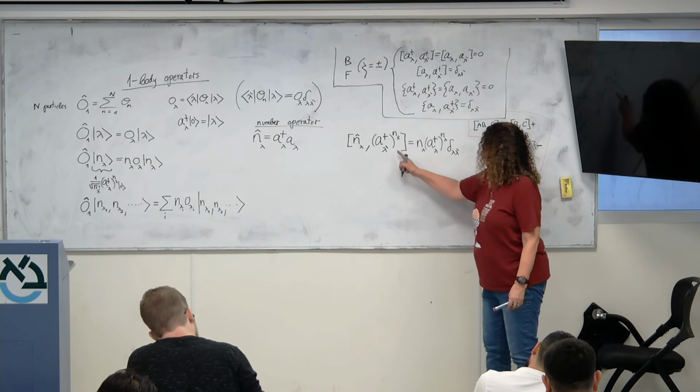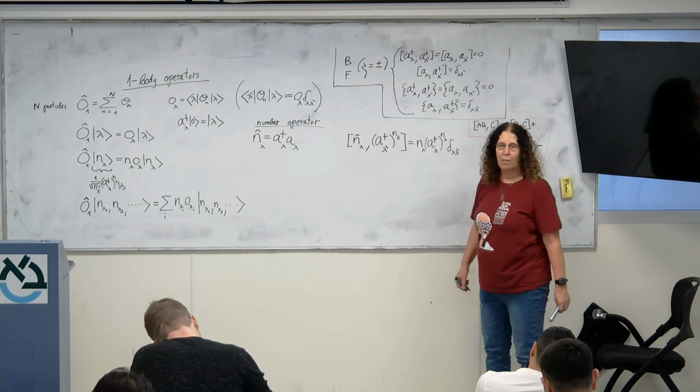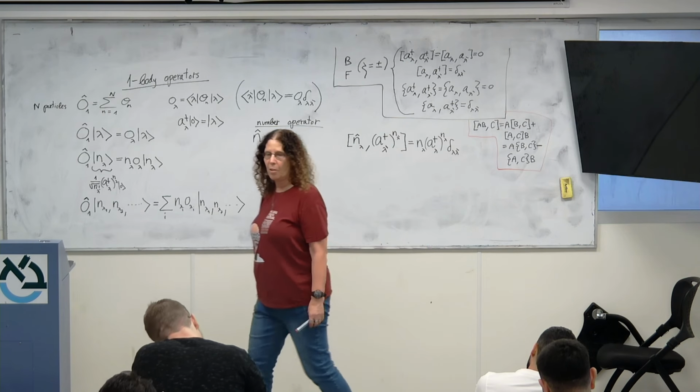Okay? This is an identity that can be easily proved. Let's assume that we proved it.